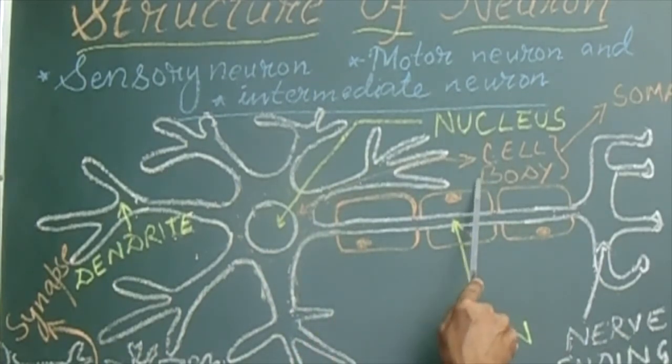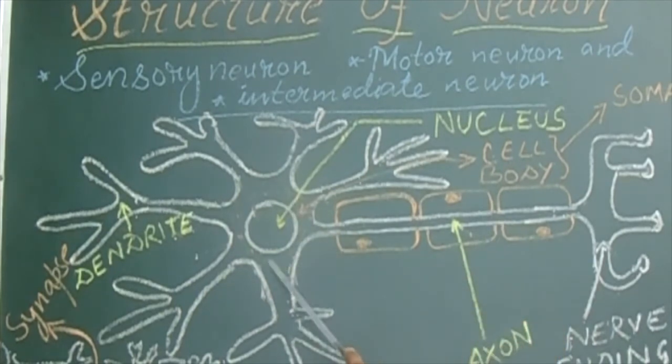Now, what is the function of cell body or soma? It carries genetic information, maintains structure of neuron and provides energy for various activities. It contains a nucleus and specialized organelles. Now among these dendrites there is one long extension which is moving towards the nerve ending.